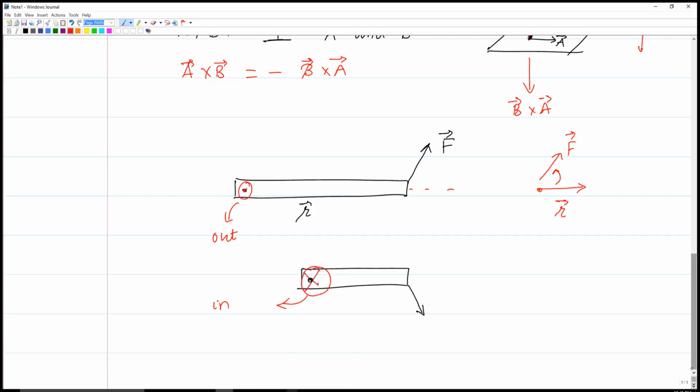Now that we have the direction and the magnitude of the torque, let's look at a few simple examples of torque directions. Let's say that this is my R, it's pivoted at this point, and if I were to exert a force in this direction, what is the direction of the torque?